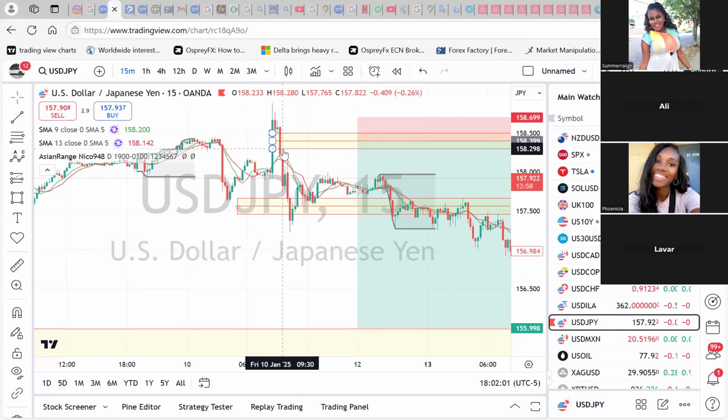Price has not pulled back into that gap as of yet. Now that price has broken structure to the downside, you should be expecting price to pull back into this gap or into this order block for the continuation of a sell. Okay, I got you. That makes sense.